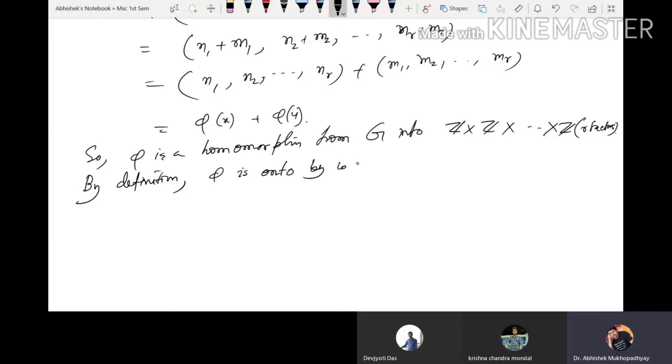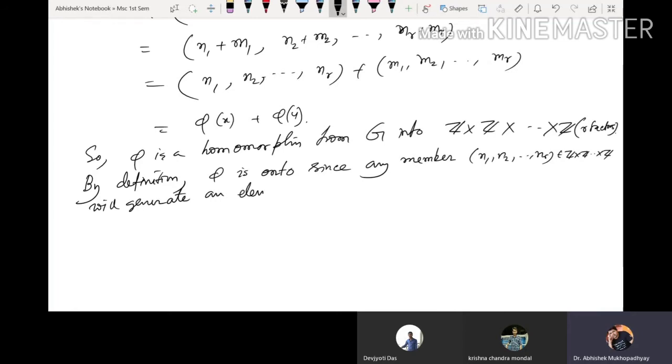Phi is onto, since any member (n1, n2, ..., nr) belonging to Z cross Z will generate an element n1x1 + n2x2 + ... + nrxr which is in G. So this will generate an element that belongs to G, which must map.